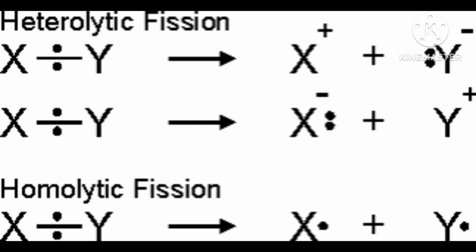Then you can understand the question asked: the CH3 methyl free radical is weaker than the ethyl radical.